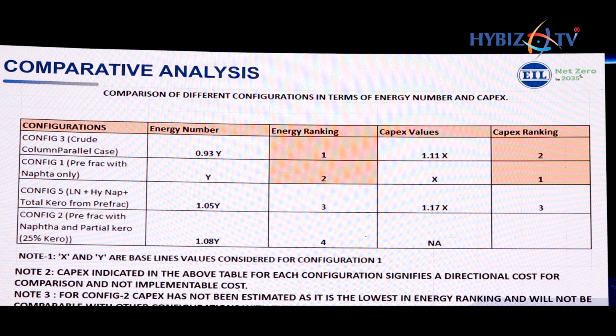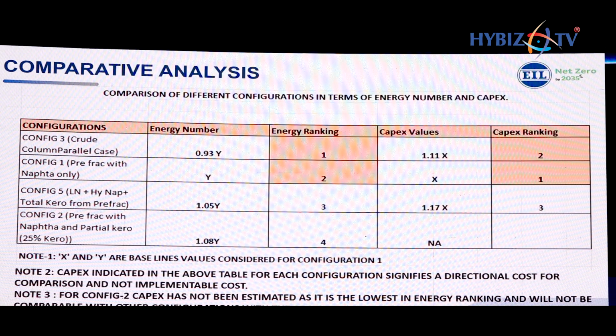We had to design controls because there will be challenges in the pre-flash drum overhead vapor controls. It is not so easy because you have to split it between the two crude column flash zones. Then you will have a challenge with the preheat train. The most important flexibility is that you don't have to touch the existing preheat train.